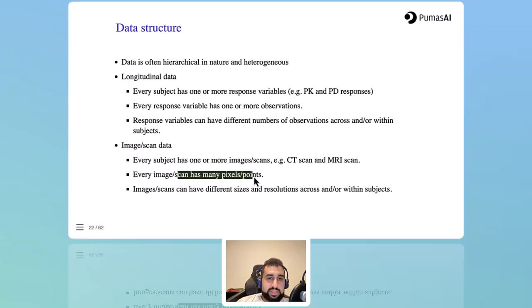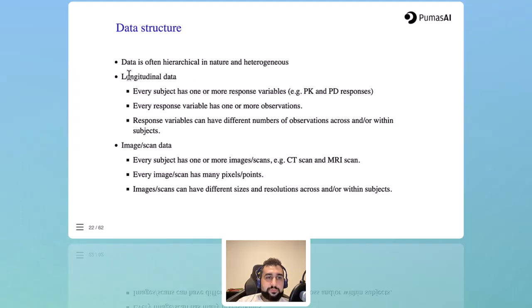But it's the same concept: different measurements over time here, and different measurements over the spatial context there. Images can also have different sizes and resolutions, either within or across subjects, so once again we have hierarchy and heterogeneity.